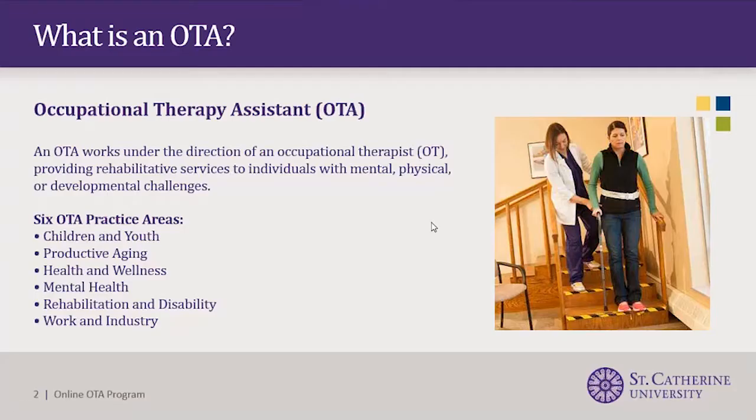So what is an occupational therapy assistant? Occupational therapy assistants work under the direction of an occupational therapist. They're typically working with patients more one-on-one because they're implementing the treatment plans. Your occupational therapist writes the treatment plans, and it's the OTA that acts upon the treatment plan and makes any recommendations to edit them as needed.